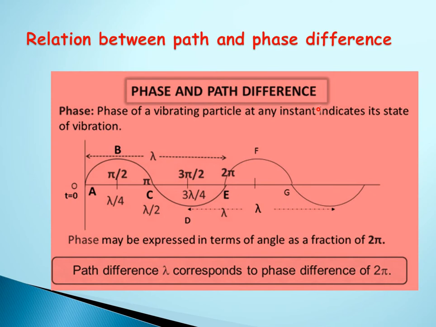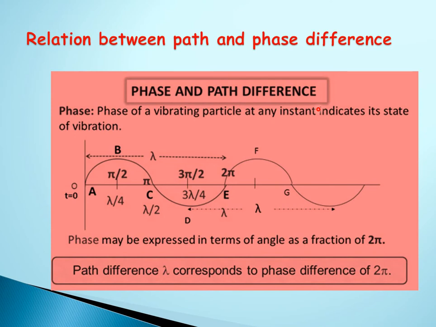Okay, children, we have done this in detail in class 11th when we did simple harmonic motion. If you remember, we discussed the motion of a particle along the circumference of a circle. Then we drew a perpendicular to one of the diameters.